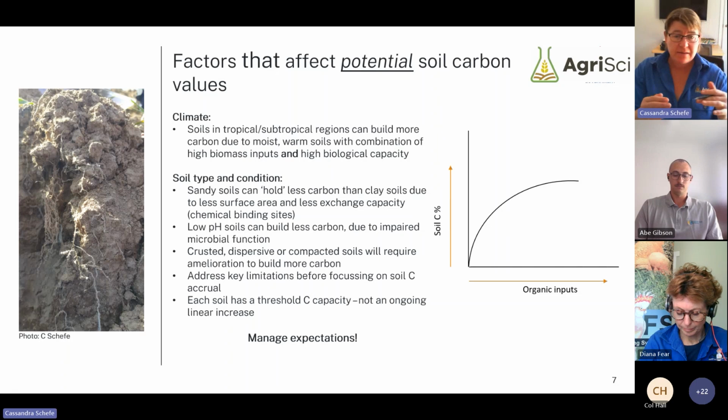We'll be maintaining, but it will take so much more energy and resources to continue to improve. So the key point, between the rainfall story, the climate story and the soil type story, is knowing where the Central West region fits into that, to manage the expectations around what's possible in your soils.